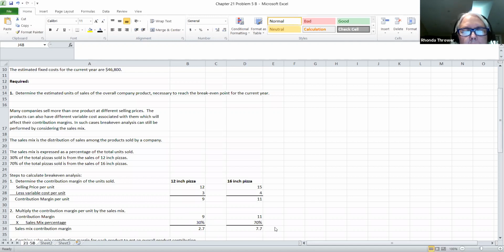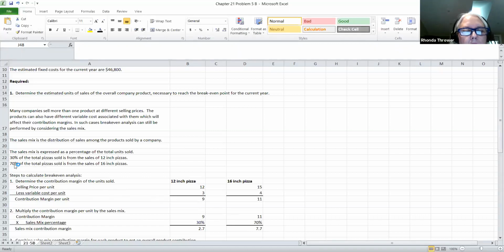You do this for each product. So the 16-inch pizzas have a contribution margin of $11. We just brought that down there. And then we're going to multiply it by the sales mix percentage, which was 70%. That was given in the top part of our information.